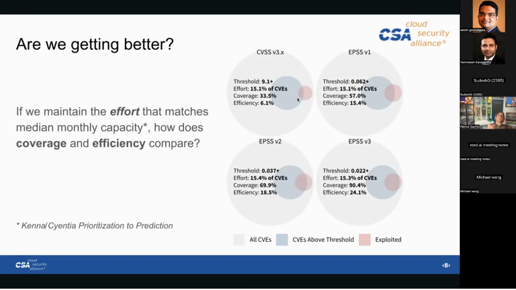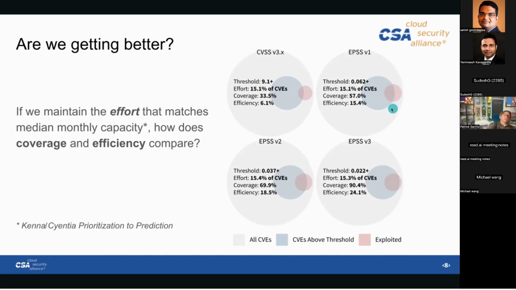If we look at the different versions of EPSS, it first came out in 2020, and then there's been a new version in 2022 and 2023. We can see progression where, initially with the same exact work effort as using CVSS 9.1, we're actually able to get significantly more coverage of things that were exploited over the next 30 days.